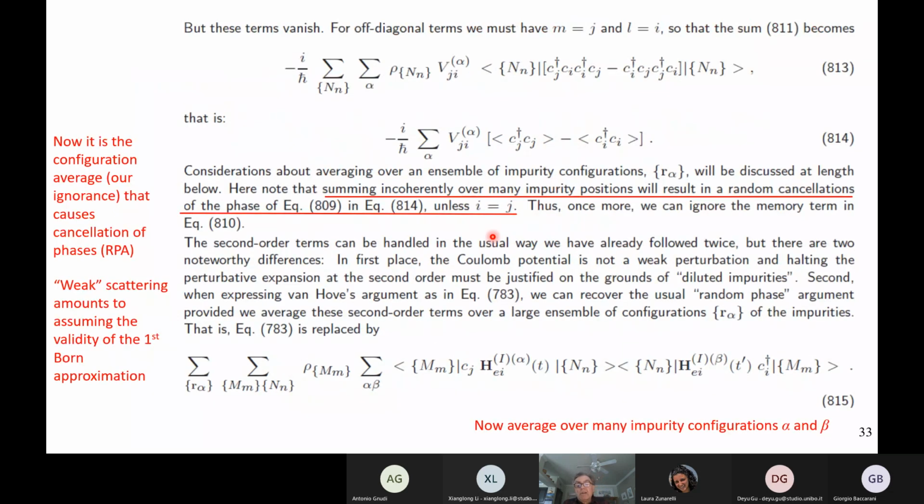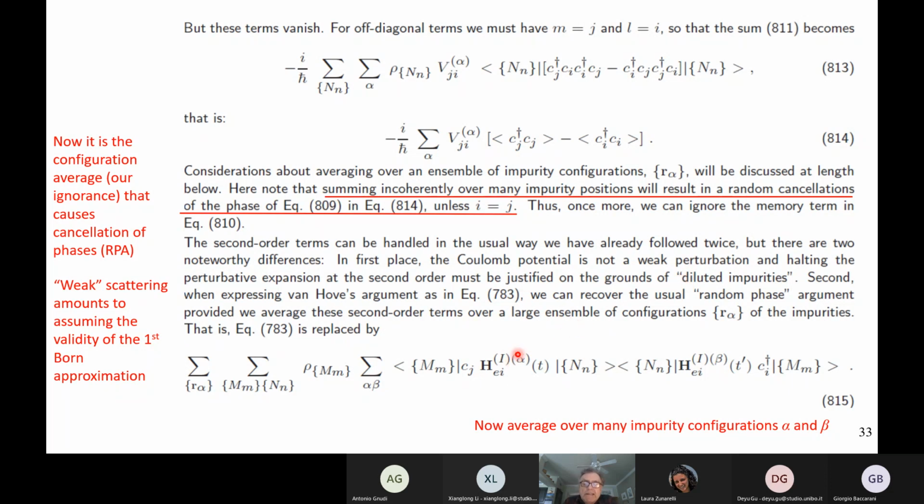And what I can do is exactly the same thing that we just discussed, except that now, rather than summing over many electrons, if I take an ensemble average, unless alpha and beta are the same, they don't contribute at all. There is a phase cancellation. It's a pure random phase approximation in this case, which is valid for diluted impurities.